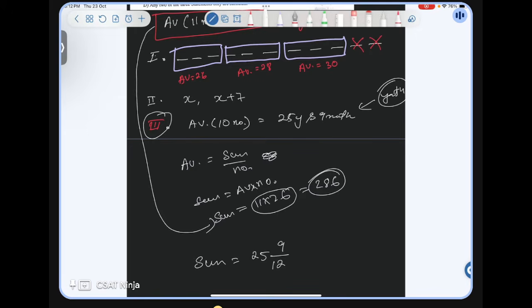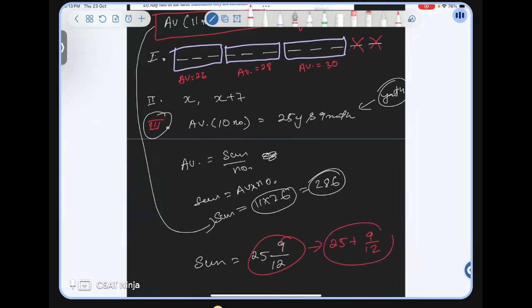So I'm converting it to years here. You can simplify this, or you can write it this way also. If you are confused with this, this can also be rewritten as 25 years plus 9 by 12 years.